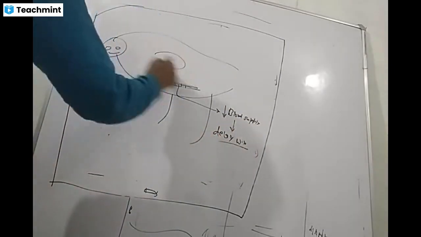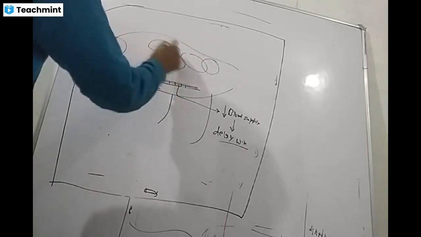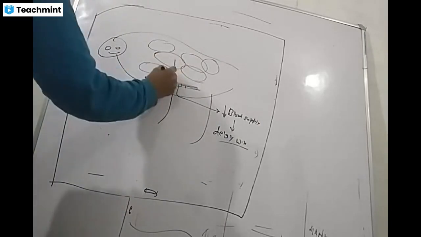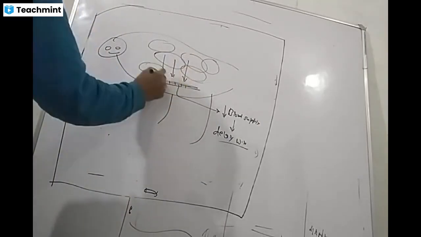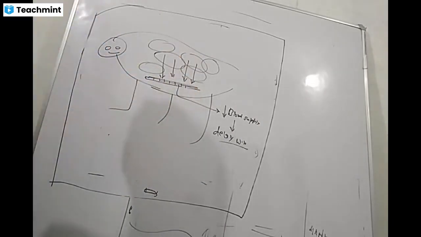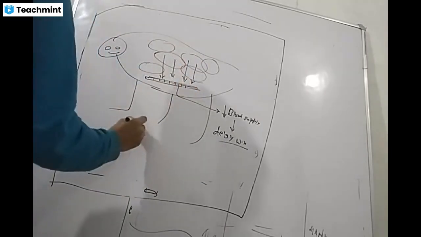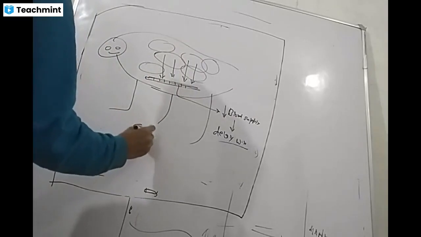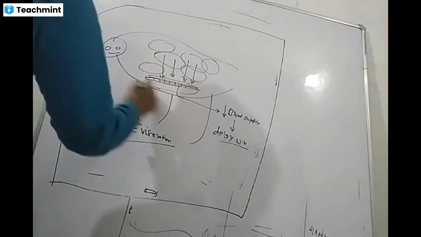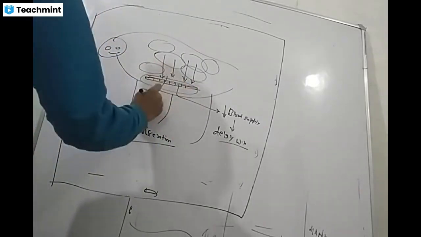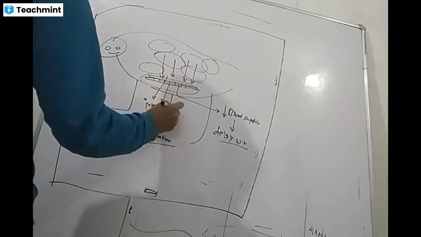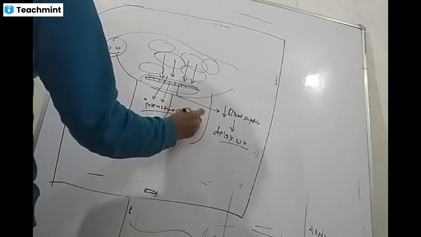Second thing is all the organs, intestine and stomach, because of gravity, will be putting their weight on this linea alba. So there are chances of evisceration. If this wound is healing slowly, the intestine may come out from the wound.